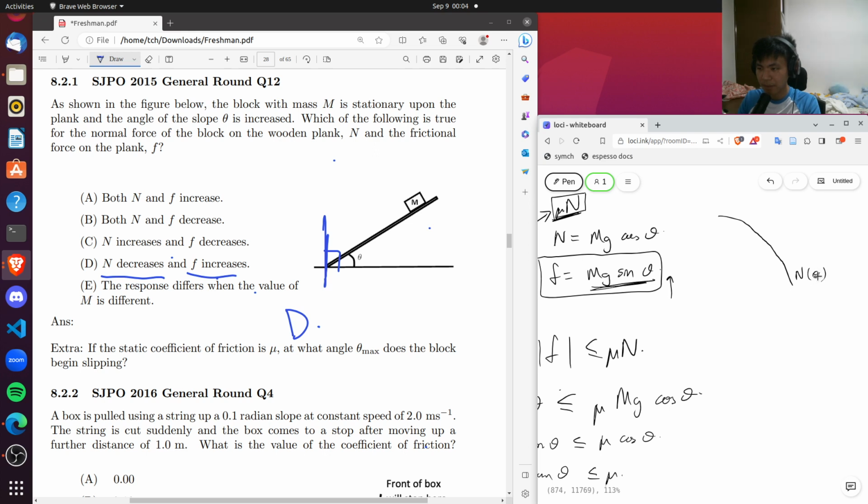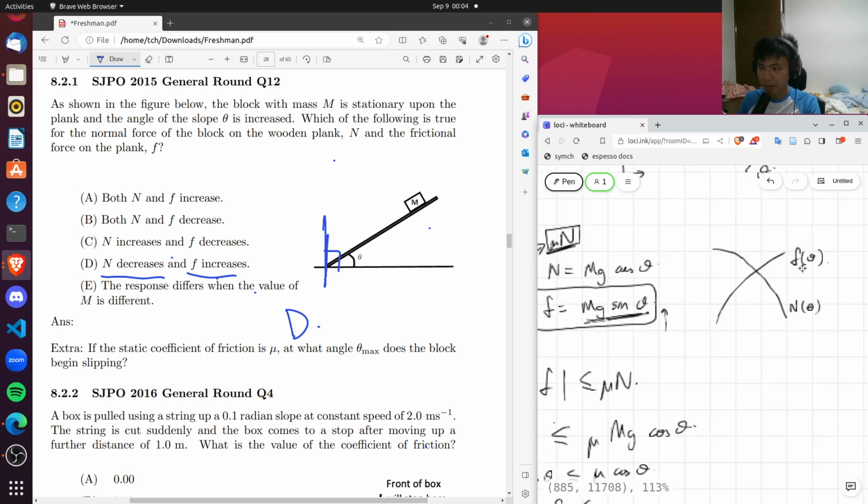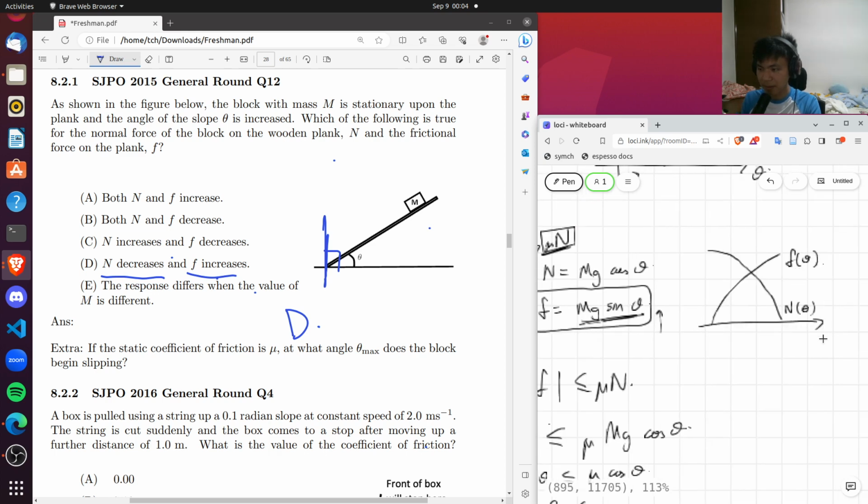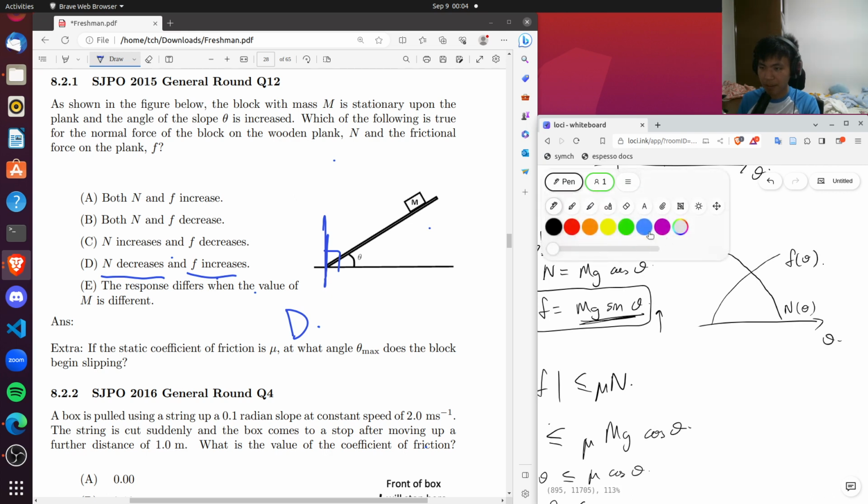So this is N as a function of theta, and we know that F as a function of theta looks like that, where the horizontal axis in this case is theta. And further, we know that if we scale up N to be mu N, then it looks something like that. So this is mu N as a function of theta.